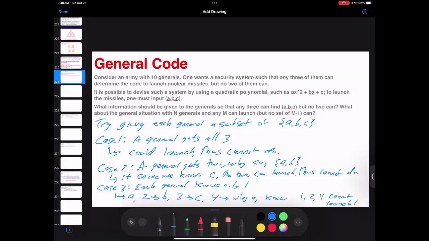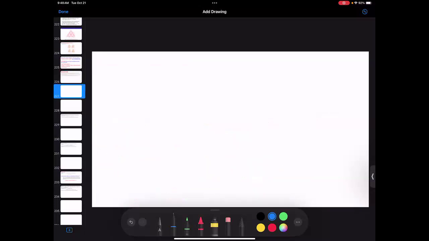We're not trying to give the generals A, B, and C. We may choose to do that. There may be a good way to get to the point where any 3 of them can figure out A, B, and C, but that's not what we're trying to do. We're trying to set up a situation where the generals have some information and they can come together and use that information to get A, B, and C. So we just figured out giving the generals a subset of A, B, and C is a bad idea. What else could we try to give?